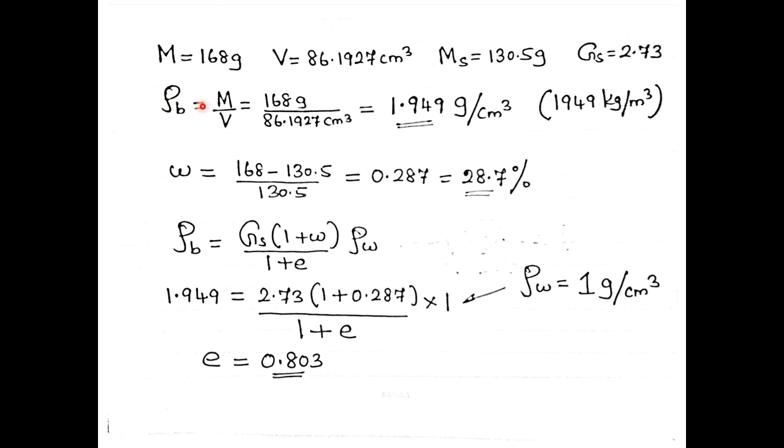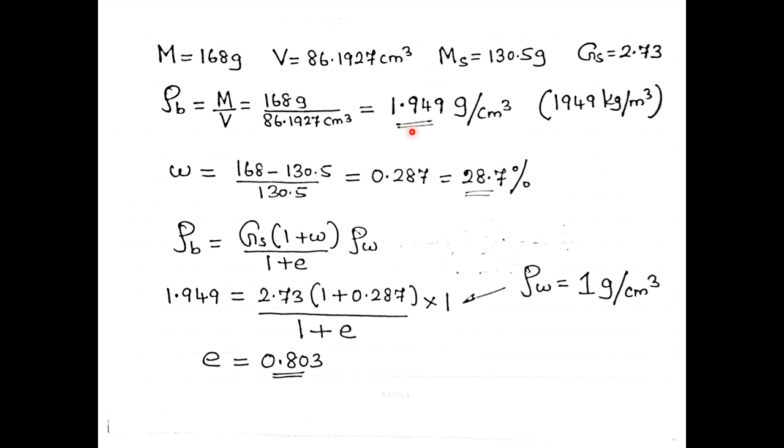Bulk density is equal to total mass over total volume. Total mass, this one. Total volume, this one. This unit is gram, this unit is centimeter cube.